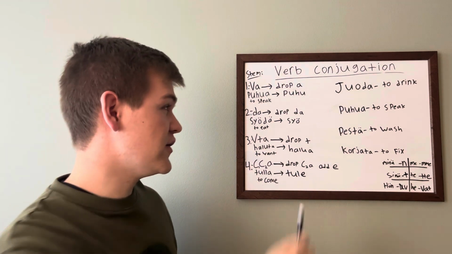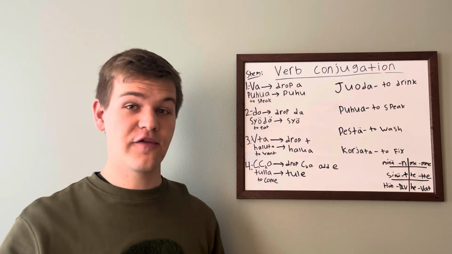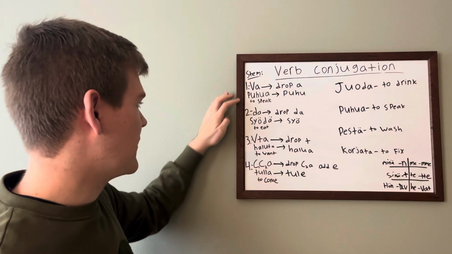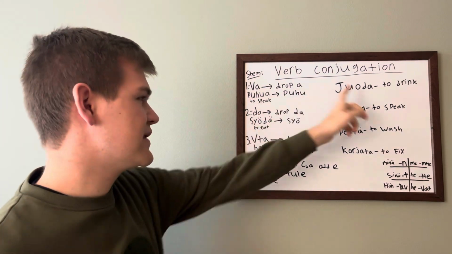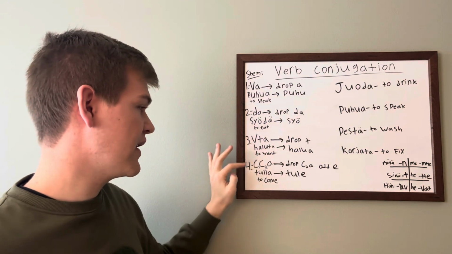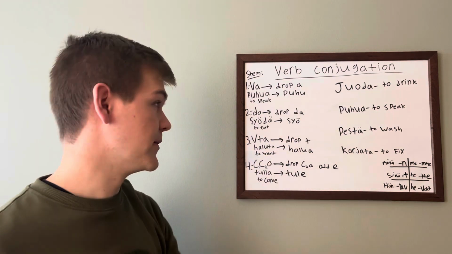So let's start with juoda, to drink. If I want to say I drink, the first step we have to do is find the stem. So I can look at these rules and we see that this one ends in D-A. So it's not vowel A, not vowel T-A, not consonant, consonant A. D-A, so it's rule number 2.